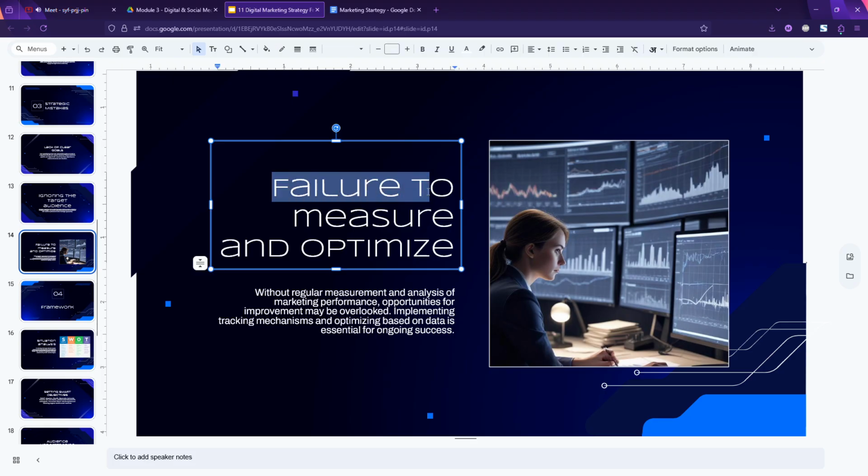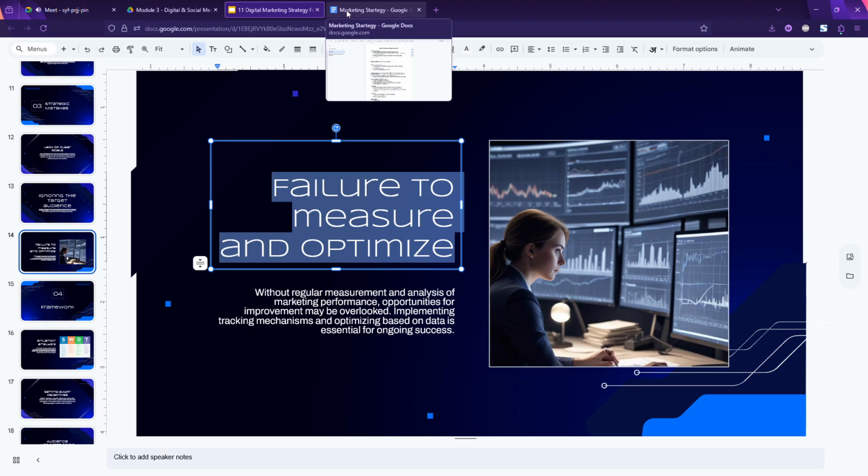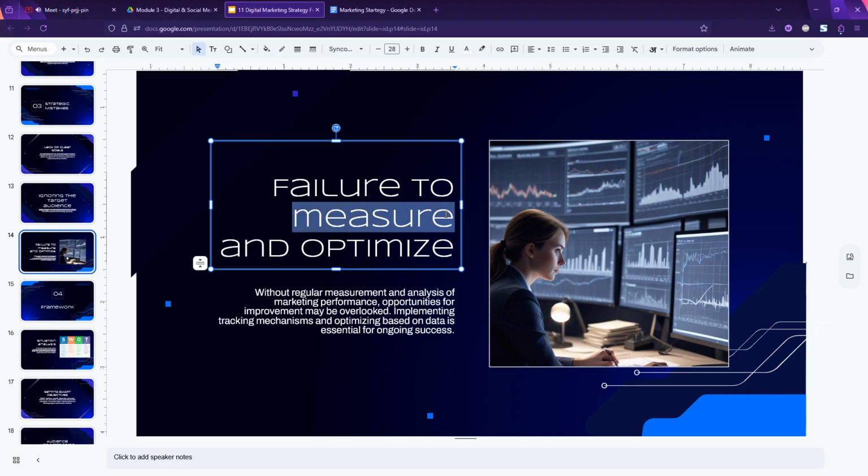And lastly, it's failure to measure and optimize. Say we have done everything, but we are not measuring whether we are on goal or not, and we are not doing the data analysis and optimizing on the go.